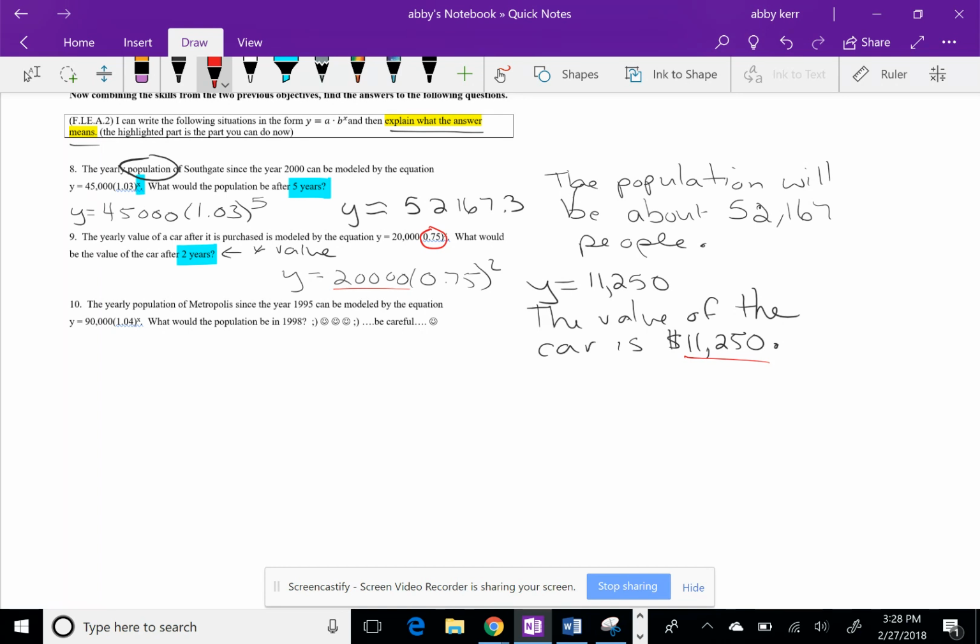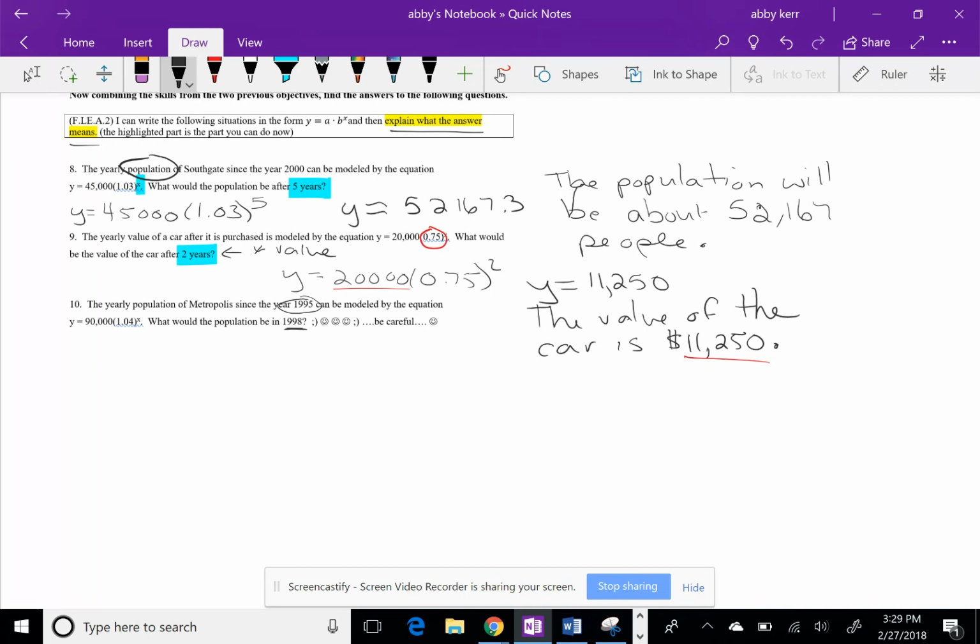Now for number 10, we're talking about the population again, but here you want to pay specific attention to 1995, because it says, what will the population be in 1998? Now you don't want to put 1998 into x like you did for number 8 and 9, because you're telling the calculator to find in 1,998 years, what would the population be?